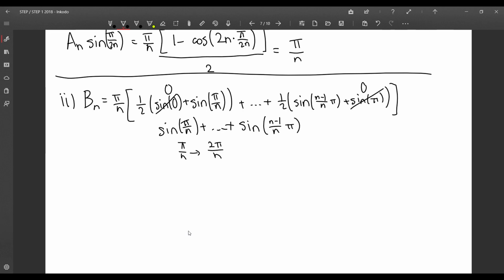But we need a progression of 2 theta, so in that case, theta would be pi over 2n. But we also have to start at sine of theta.